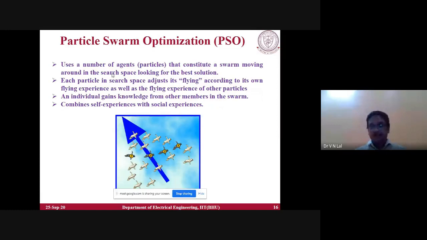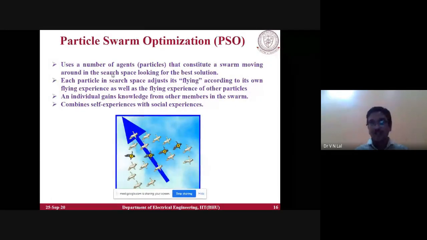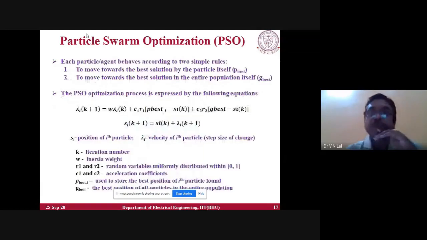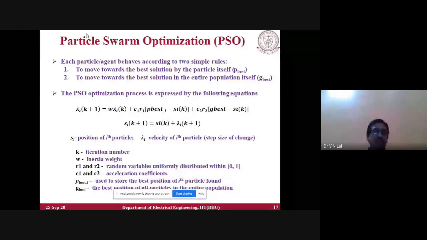And by combining the self-experience of the individual bird and the social experience of the group, the overall movement happens, and finally they reach a single solution. So this is the basic idea of bird flocking behavior, and based on this behavior, the particle swarm optimization technique has been developed.